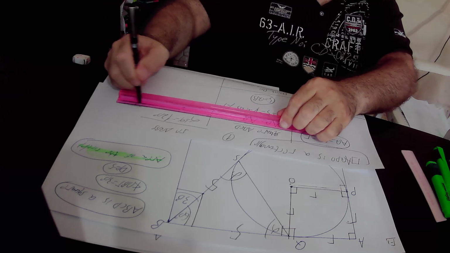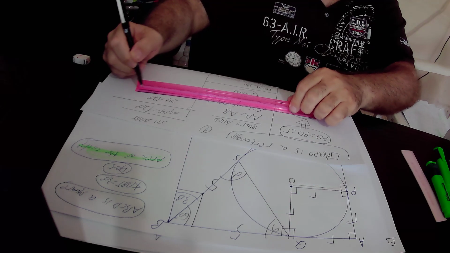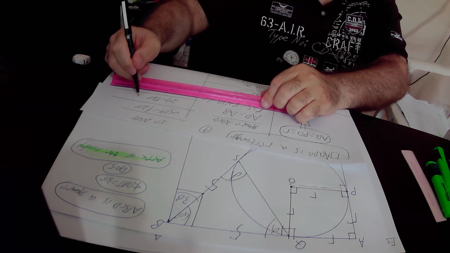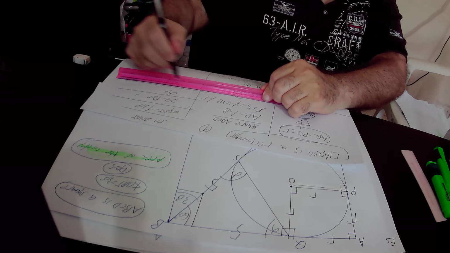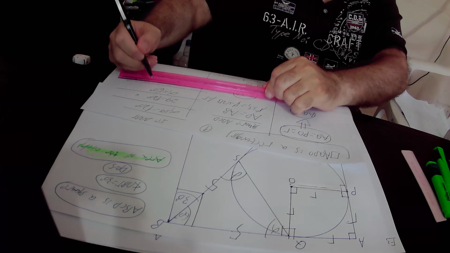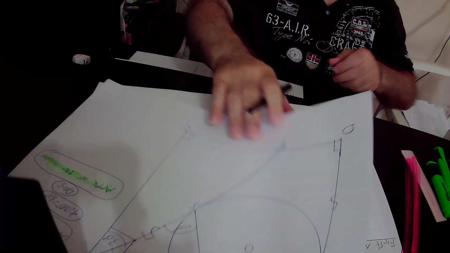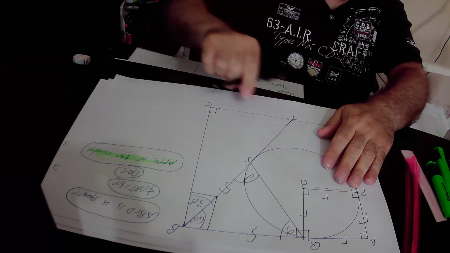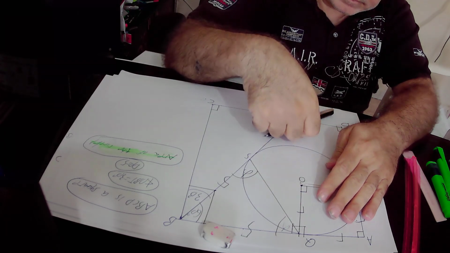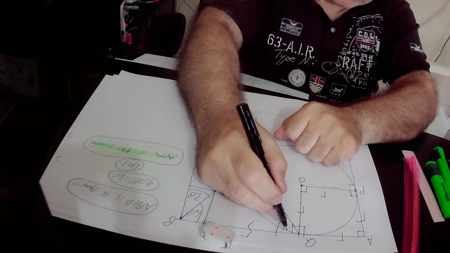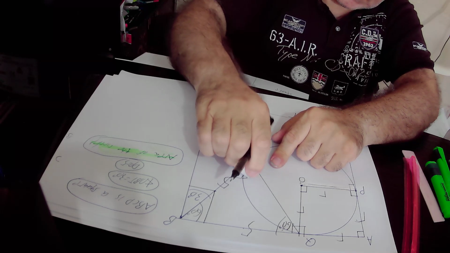Alpha plus alpha is 2 alpha, so 2 alpha equals 120 degrees. Here we divide this equation by 2, and we get that angle alpha equals 120 degrees over 2, which is 60 degrees. So we found out that this angle alpha equals 60 degrees. And this is also angle alpha that is equal to 60 degrees.